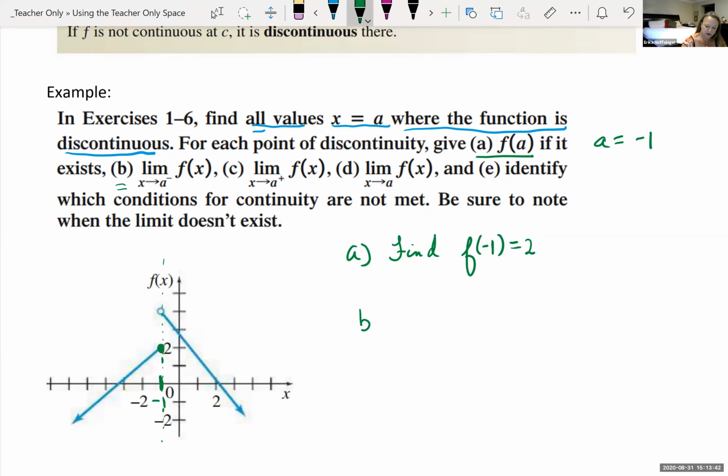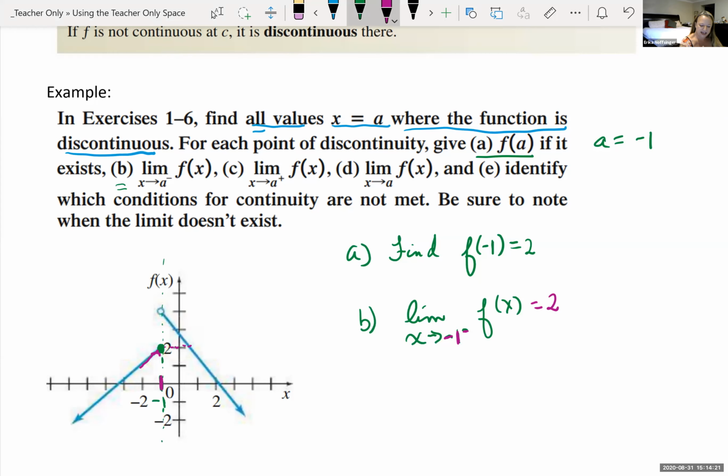Part B says we're going to look at the limit as x is coming, in our case, to -1 on the left-hand side of f of x. So looking at -1 as we come in on the left-hand side, go find the graph on the left that's closest to it, which is here, and see what y value you're getting closer and closer to as you come in on the left. You're getting back +2.